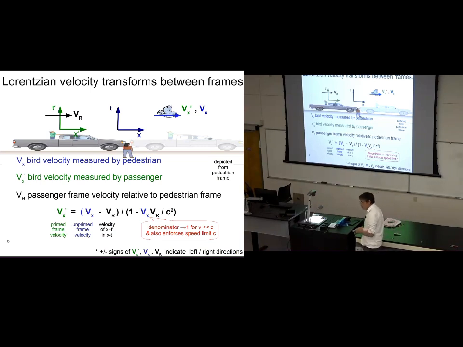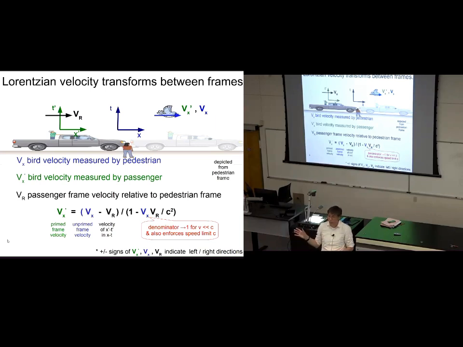If the velocity of the truck in the pedestrian frame is small, and the velocity of the birdie in the pedestrian frame is also small compared to the speed of light, then the quantity in the denominator, Vx Vr divided by c squared, is going to be very small.